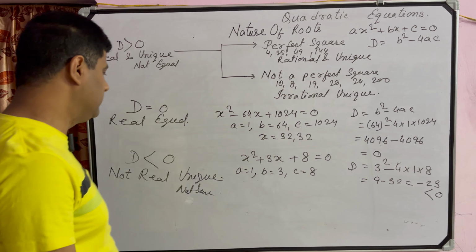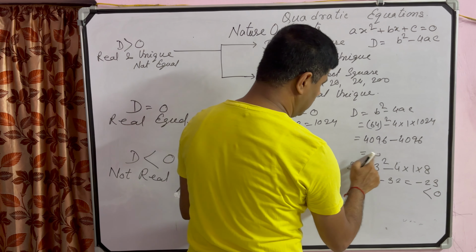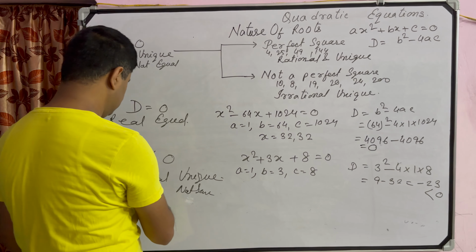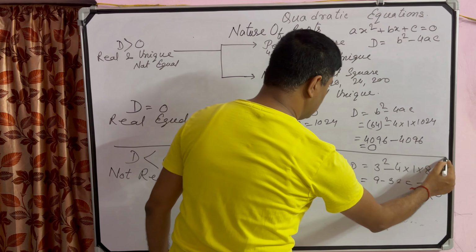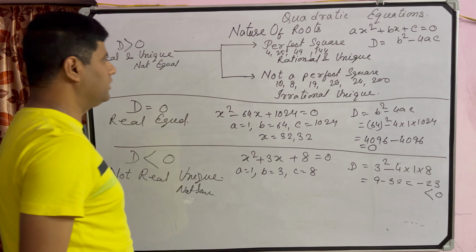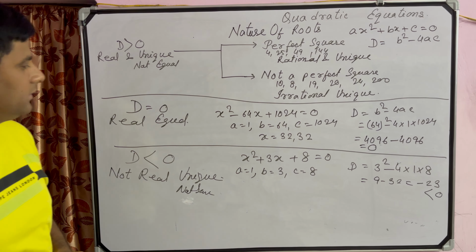Thus in this scenario, the roots will be not real. So these are the three scenarios. You can make it short. If you remember this, all the questions related to nature of roots can be solved.